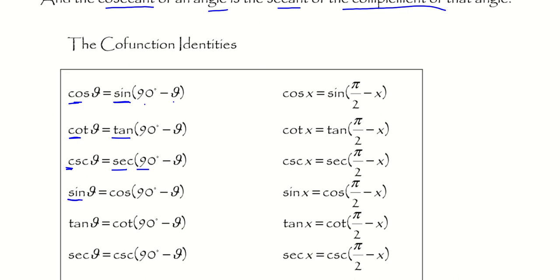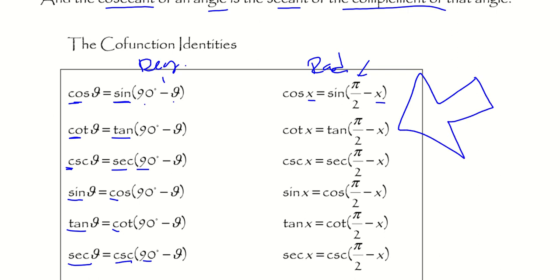Likewise, the sine is the cosine of 90 minus theta, the tangent is the cotangent of 90 minus theta, and the secant is the cosecant of 90 minus theta. So this would be for degrees. For radians, we have the same relationships except we're using x instead of theta, and we're using pi over 2 instead of 90.